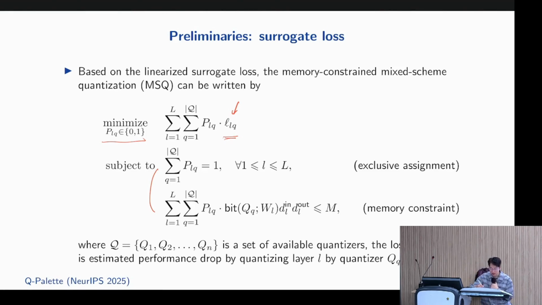So that measures the importance of that layer using that quantizer. So we have a linear objective and linear constraints, which can be solved with combinatorial optimization subroutines. This can get stuck and run forever. It's an NP-hard problem, but most times it works. When it works, it finds the optimal solution.